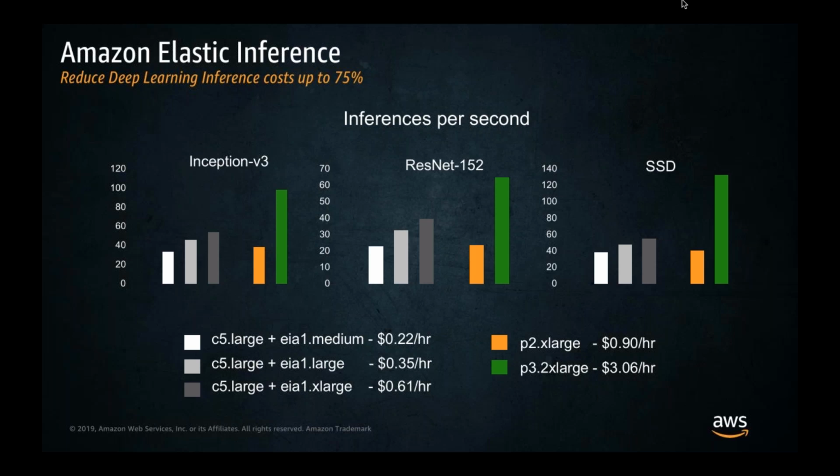The P3s, which run on the V100 GPUs, perform much better, but as you can see, at a much higher cost. So take note that Elastic Inference does run over the network, so there is higher latency, but as you can see here, it provides the benefit of higher throughput at low cost. If high throughput and low latency is a requirement, then that's the case where you may want to consider using the P3 instances.